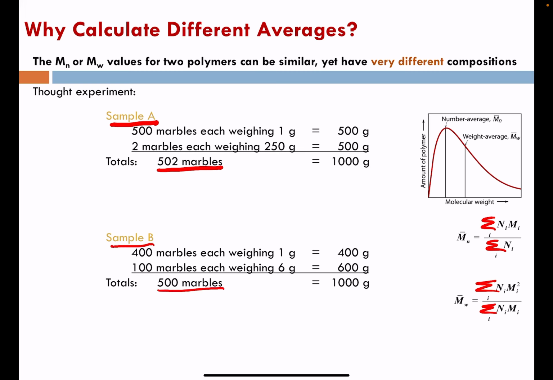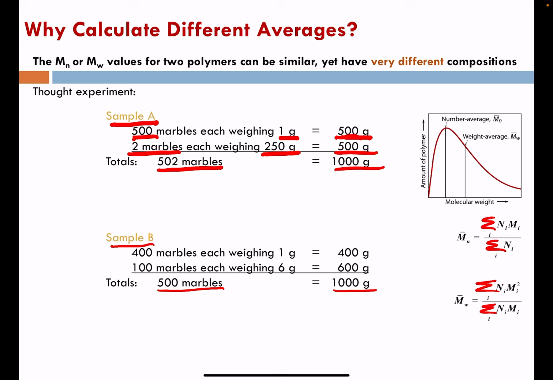In sample A, almost all marbles, 500 of them, weigh 1 gram, so the total mass from that subset is 500 grams. The remaining 2 marbles are very heavy at 250 grams each, and that population makes up an equal mass. So the total mass here is 1 kilogram, and we see the same in sample B, 1 kilogram.